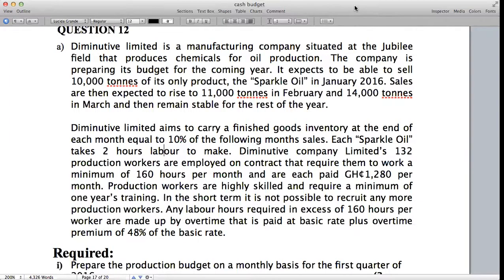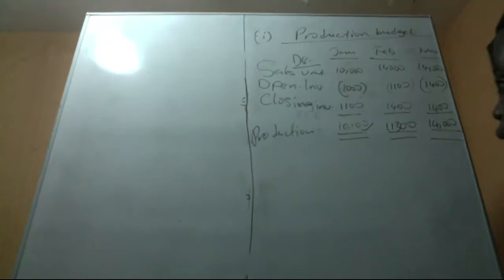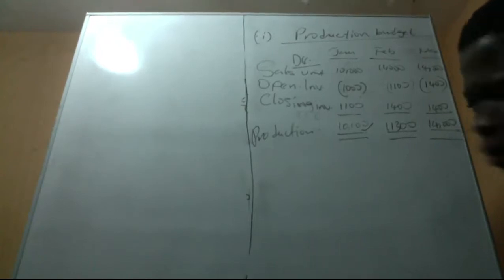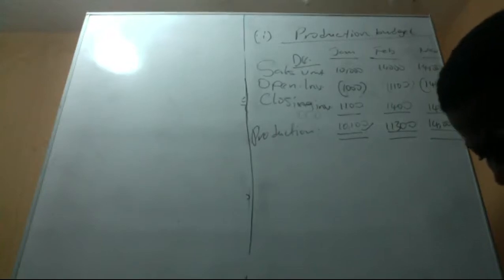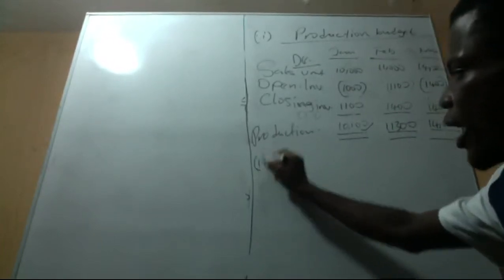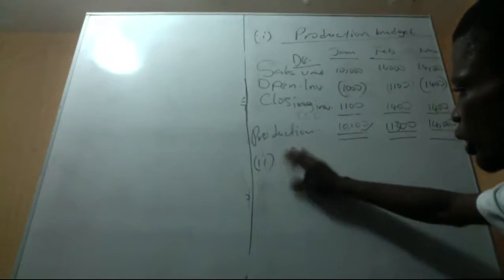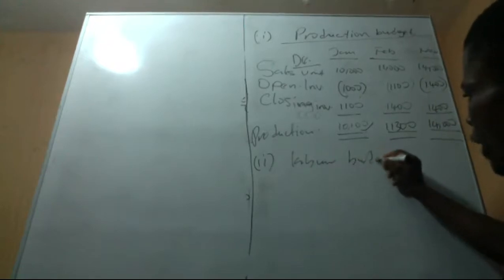So we can continue now. Let me continue from this section. I hope everybody can see from that angle. So I'll say: production labor budget.